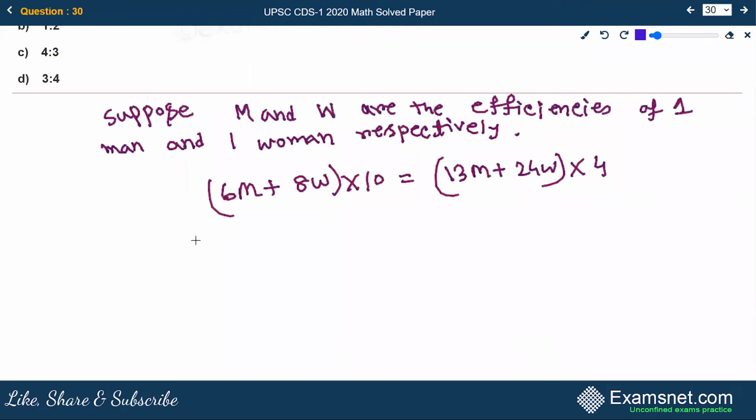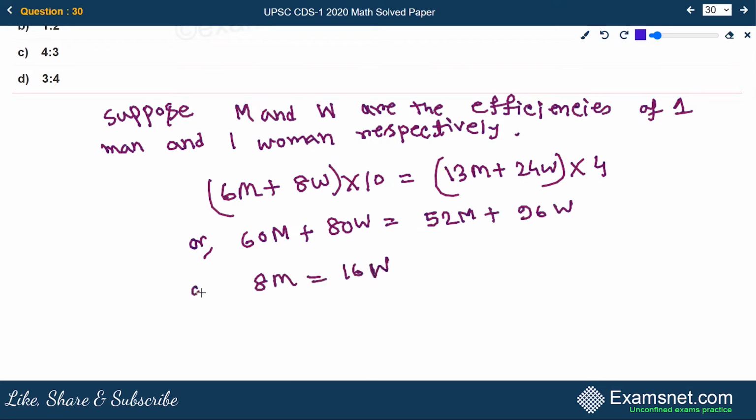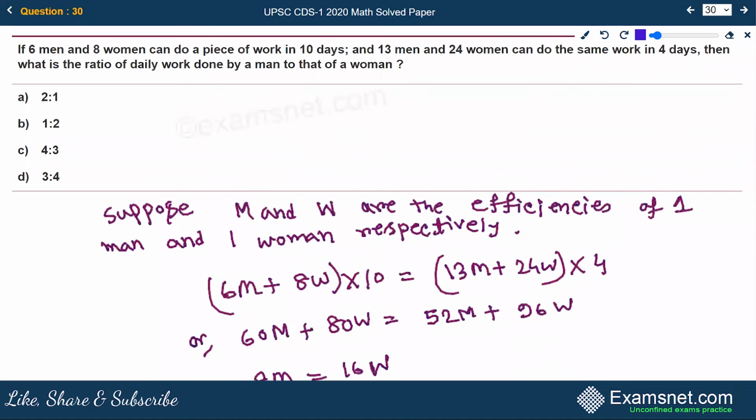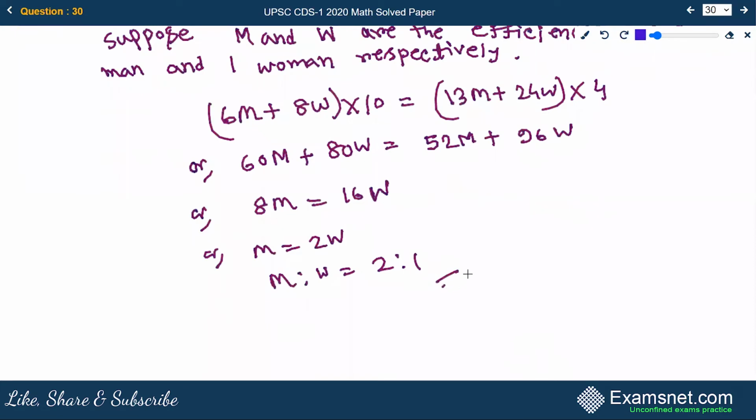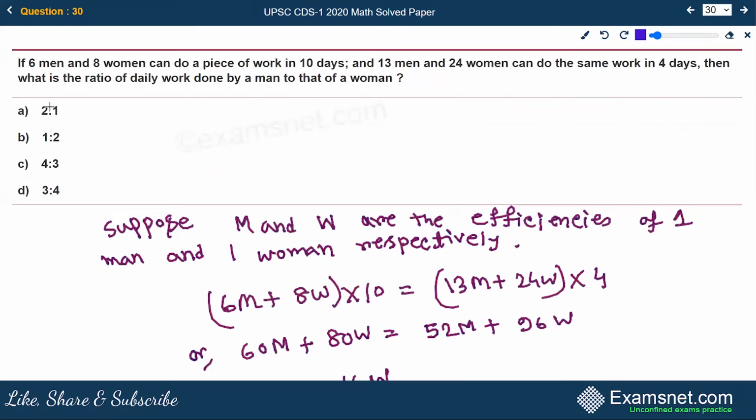Now if we solve this equation, we will get 80W, 52M, 96W. So that is 8M equals 16W. So M equals 2W, that is 2:1. The ratio of the efficiencies of a man to a woman is 2:1. So here option A is the correct answer, 2:1.